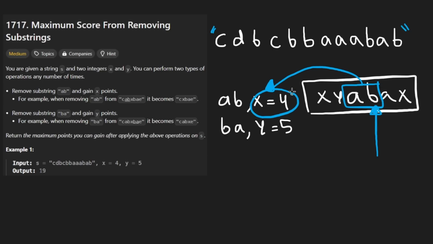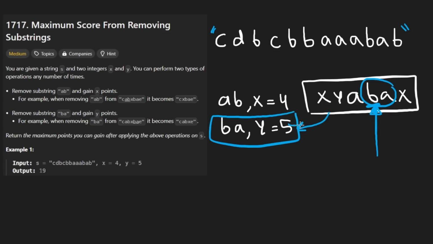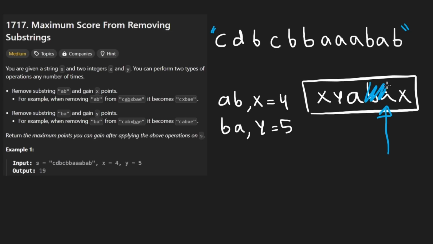No, not yet. Because before we try to do that, let's just check. Okay, I have a B right now. If the next character is an A, which it is, and if the score of removing that type of pair is even greater than this one, which it is, then let's not remove this pair. Let's skip it because by the time we get here, we can remove that pair.